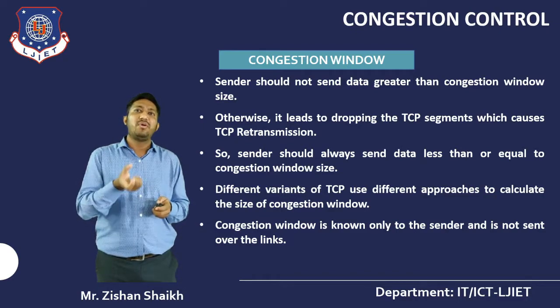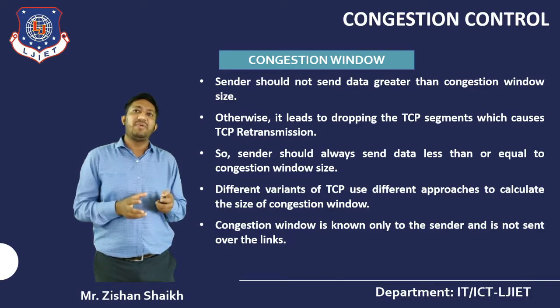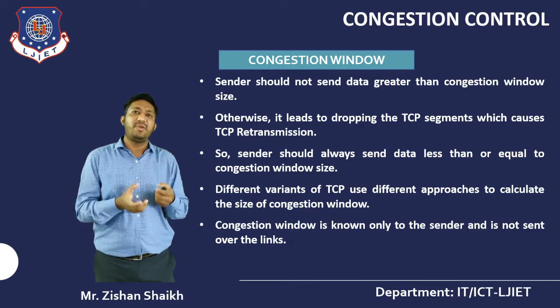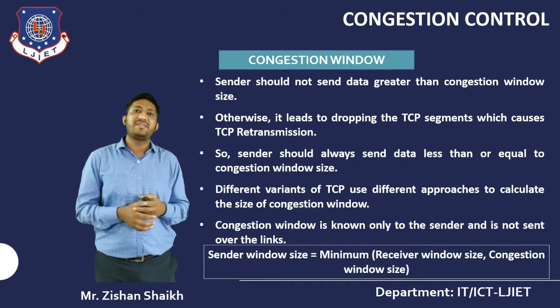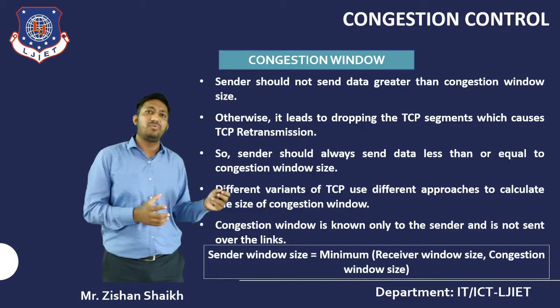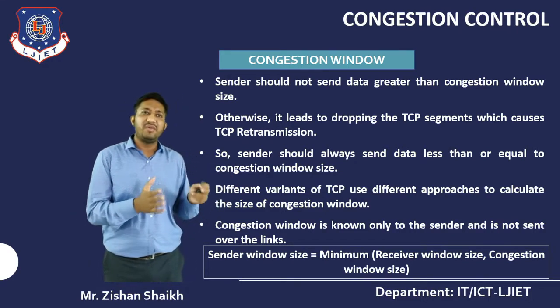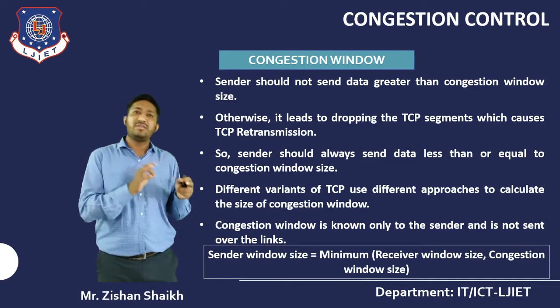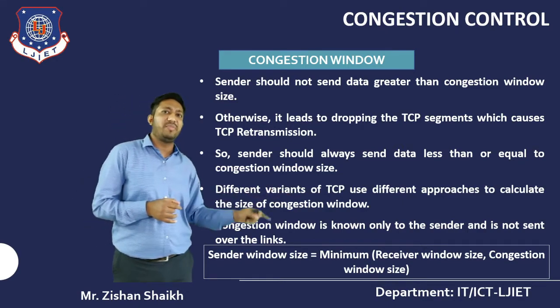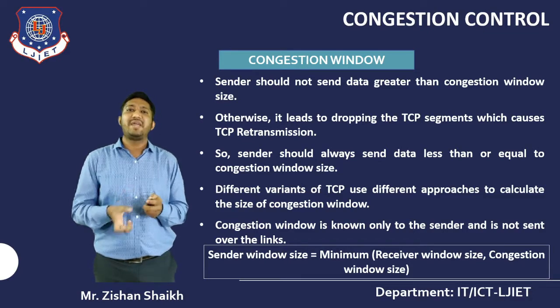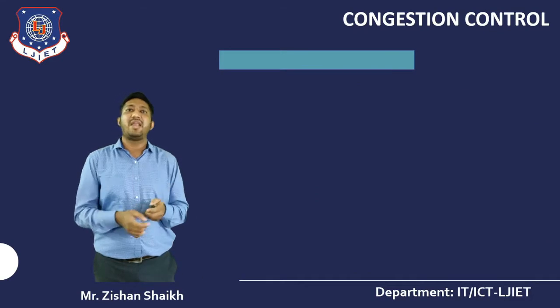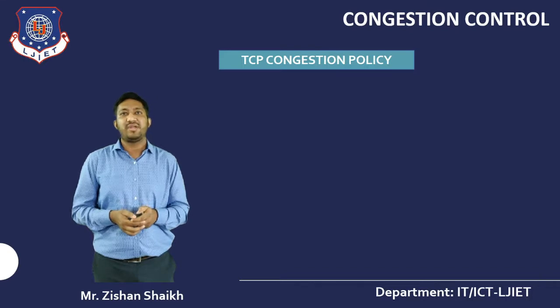So we have to calculate the congestion window size dynamically with the help of different algorithms. So the sender window size is equal to the minimum of the receiver window size and the congestion window size. Whichever is less will be our sender window size when we are calculating the congestion window size.